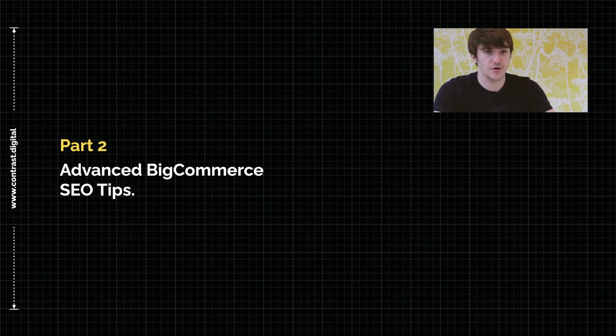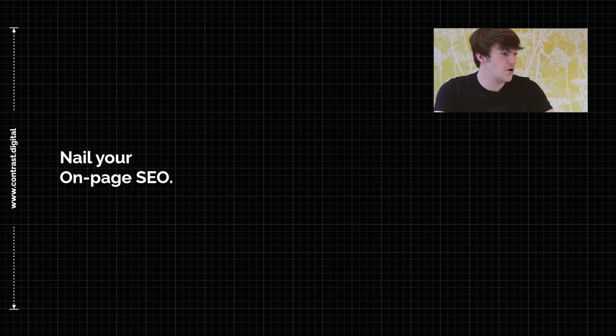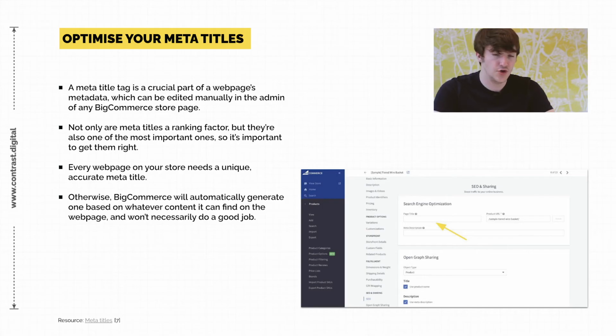So we're going to move on to some more of the advanced tips. From an on-page perspective, just getting your meta information correct. Obviously, you can do this at product, category and homepage level, as well as on your blog. So just pretty much going into the page settings and updating these based on the bit of keyword research that you've done and the primary keywords that you want to be targeting.